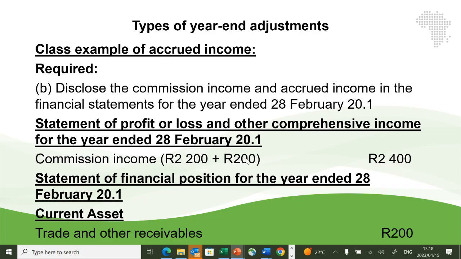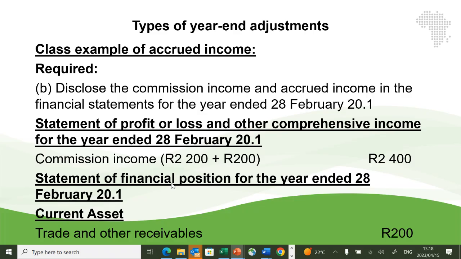We add that one of 200 because we have earned it, but we have not yet received it. So it belongs to the current financial year. That's why we are adding that commission income of how much? Of 200. Then we end up with 2,400.